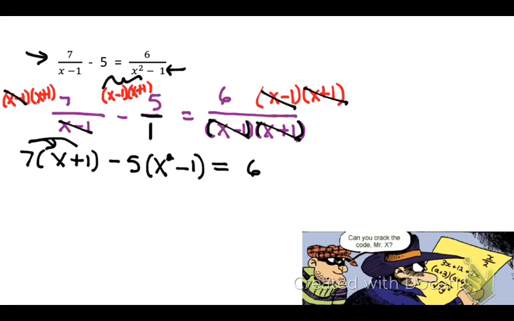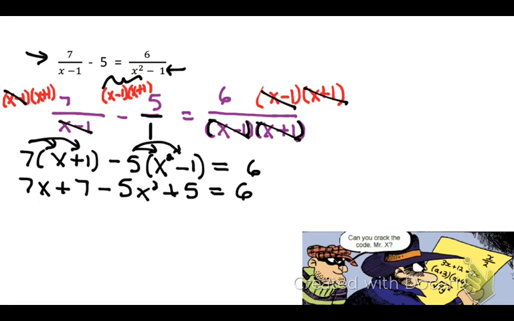We're going to distribute 7x plus 7 minus 5x squared plus 5, a negative and a negative, equals 6. We're going to combine our like terms and get a 0 on one side. And because our leading coefficient here, the x squared, is negative, I'm going to go ahead and move everything over to the right so that it becomes positive.